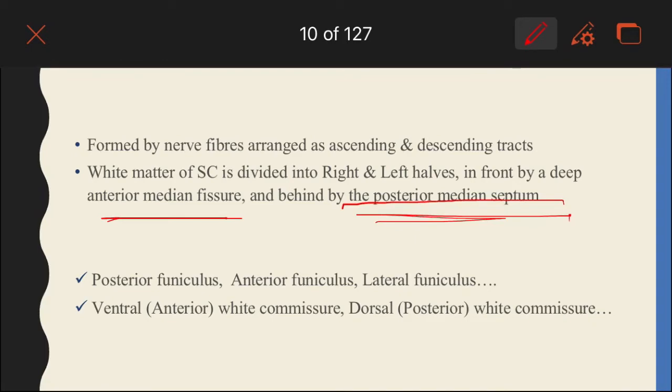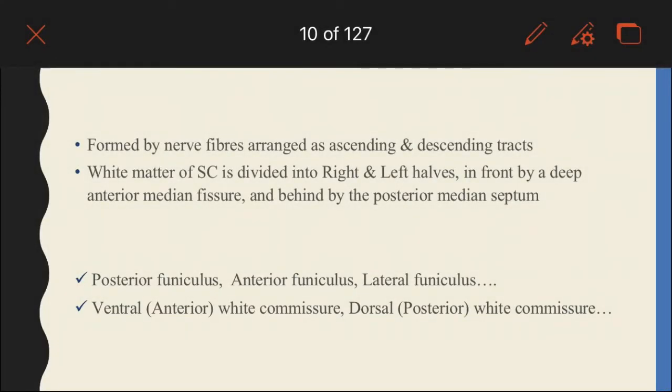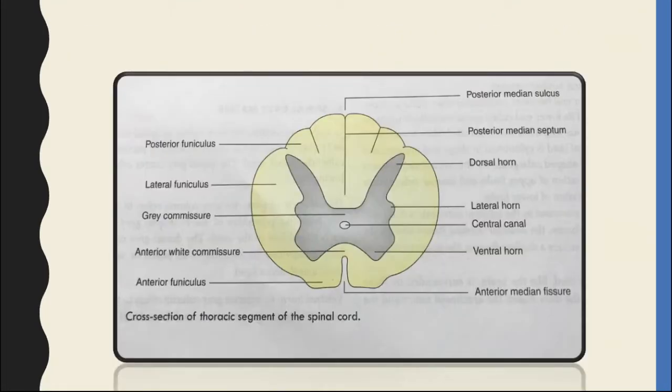Now, if we look at that diagram of the spinal cord, what you are seeing over here, there is a term called the posterior funiculus. Similarly, there is the anterior funiculus and so on. What are these funiculus? There is a demarcation: this will be the median, this will be the posterior and the lateral one.